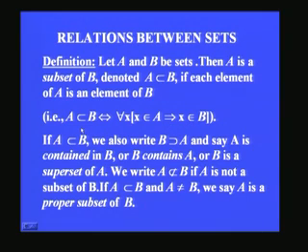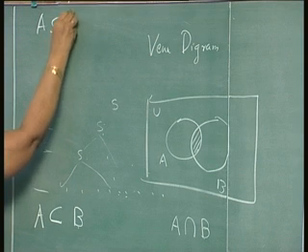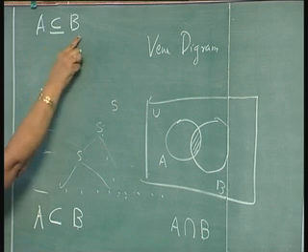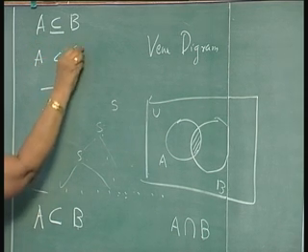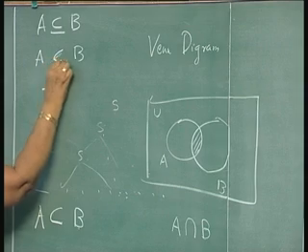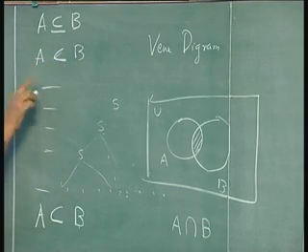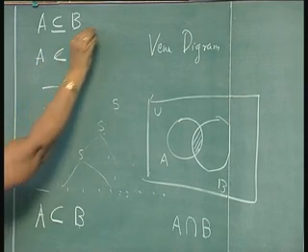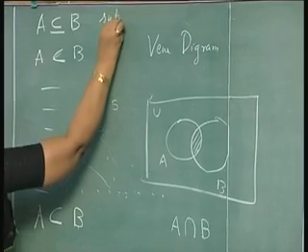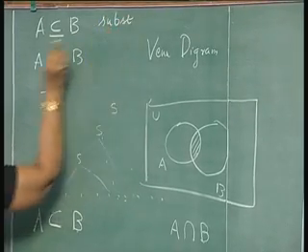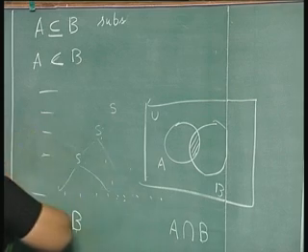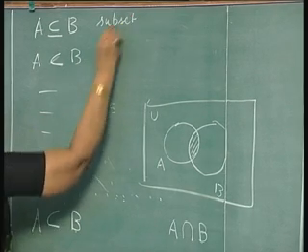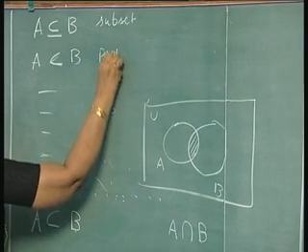Now, sometimes you use this to denote A contained in B, and A contained in B if they are not equal. That is, this is subset and this is proper subset.